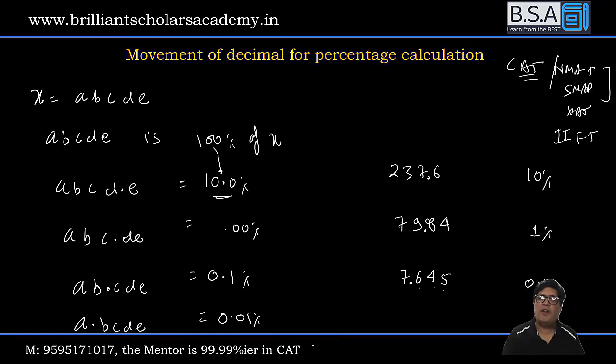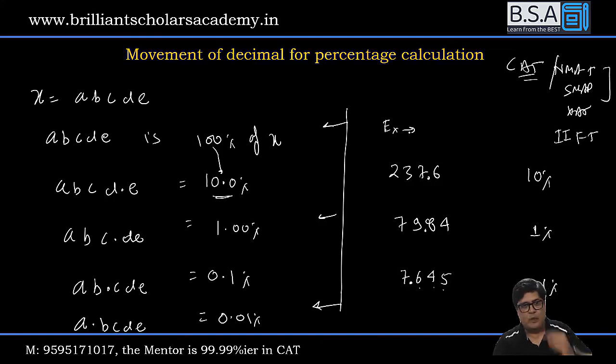Just copy down what is there on the left side. By the movement of decimal, you want examples to practice, you can copy down something from the right side as well. 1 decimal ahead is 10%. 2 decimals ahead is 1%. 3 decimals ahead is 0.1%.